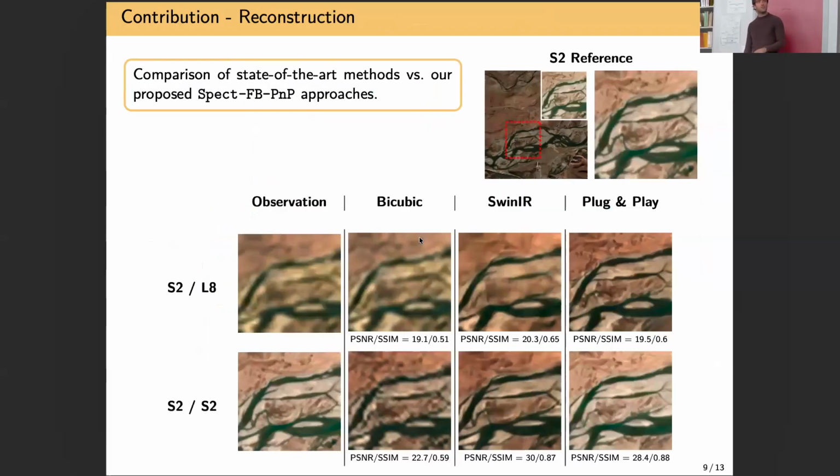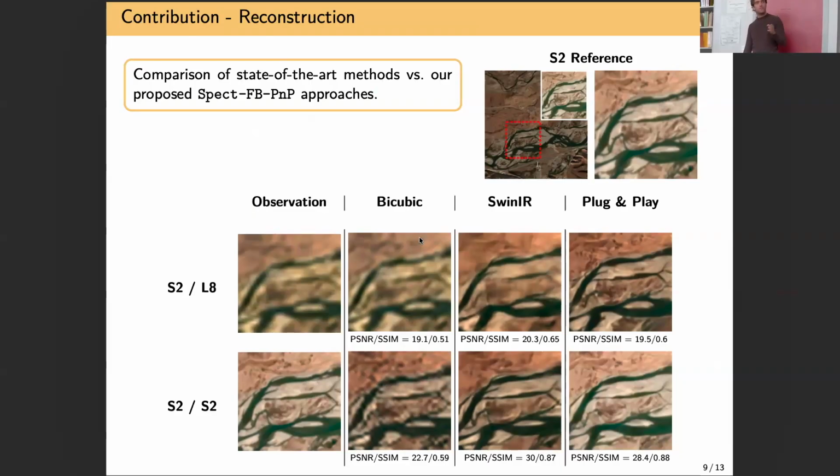So considering now the reconstruction that we obtained, as I said, we first tried our plug-and-play method on the synthetic database, designated here by S2/S2. And after that, we applied it on the real database that consists of Sentinel-2 and L8, standing for Landsat 8 images.